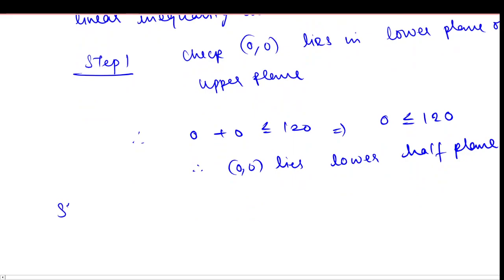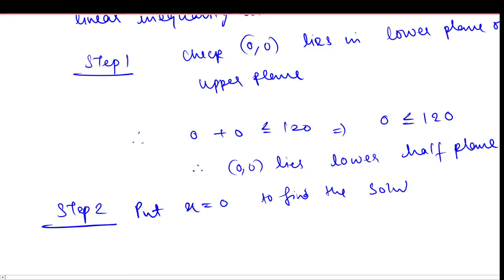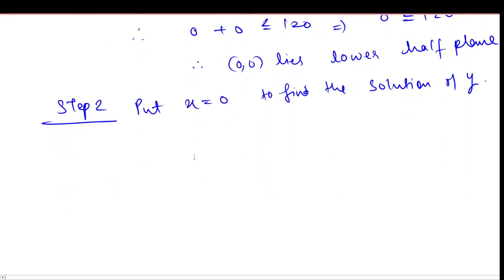Step 2, put x equal to 0 to find the solution set of y. So we get 20y is less than or equal to 120. So y is less than or equal to 6.